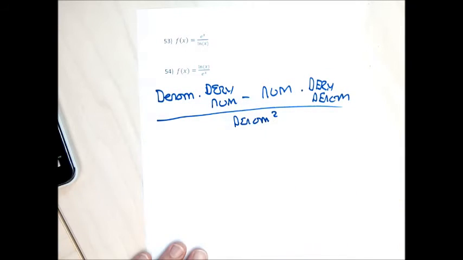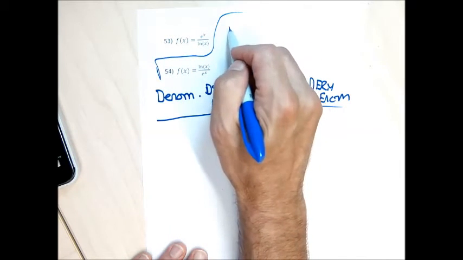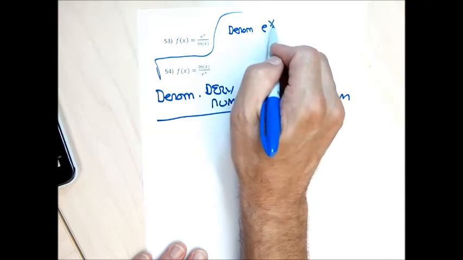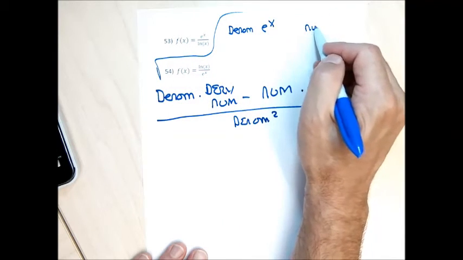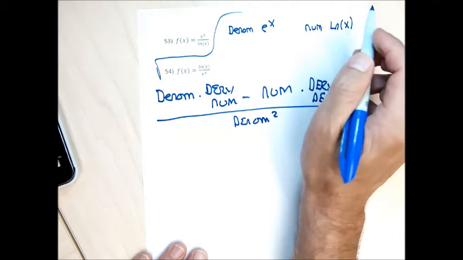So in order to do 54, I need to know the new denominator, which is e to the x. I need to know the numerator, which is the ln of x.